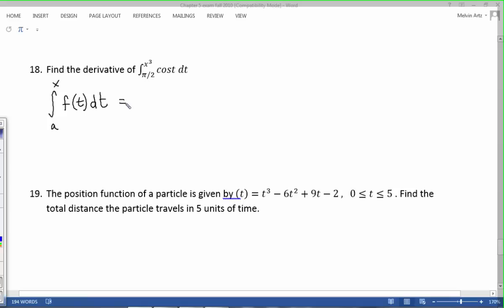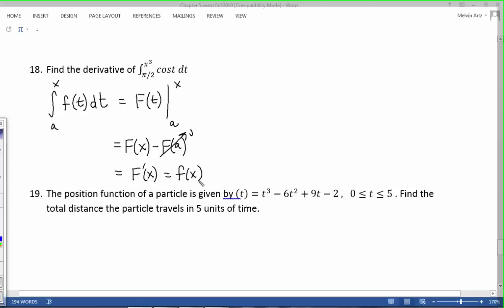If we took the antiderivative evaluated from a to x, that would give us f of x minus f of a. And then if we're going to take the derivative of this now, this is a constant, so that would go to 0. So we would simply have f prime of x, which is just going to be our f of x.